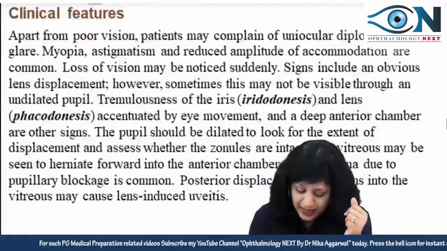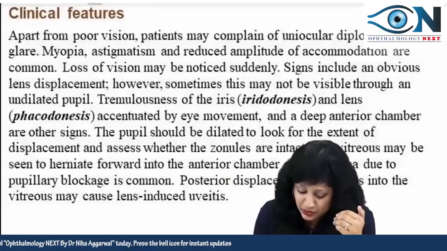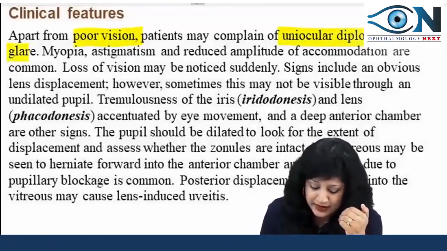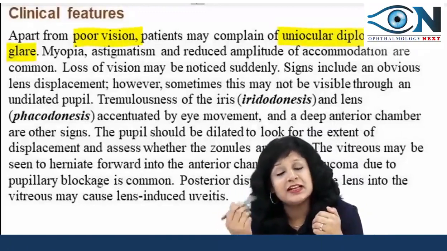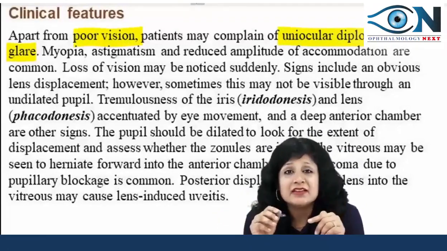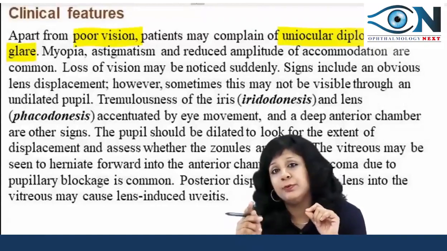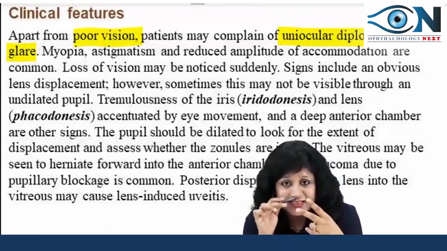Now if you look at the clinical features, obviously there is a subluxation of the lens, so I am going to have poor vision, but a very important thing is uniocular diplopia and glare. Now we read uniocular polyopia in cases of early cataract. Remember that here you will not be having polyopia, you will be having diplopia, because I showed you that you will be having a crescentic edge.